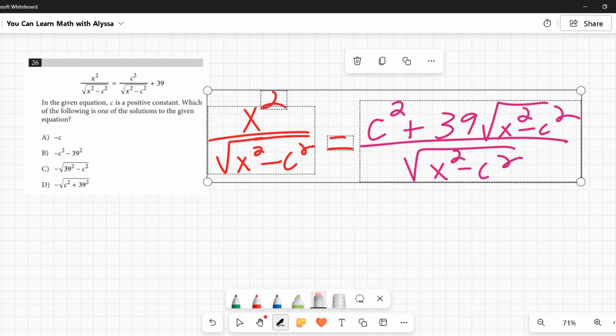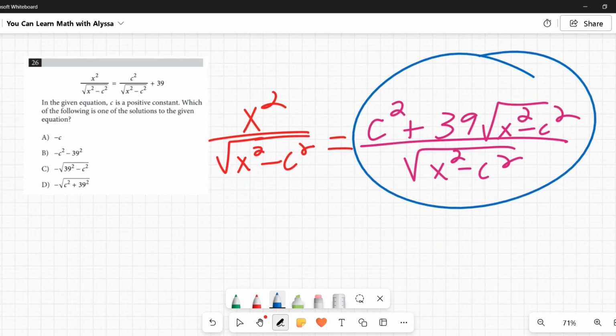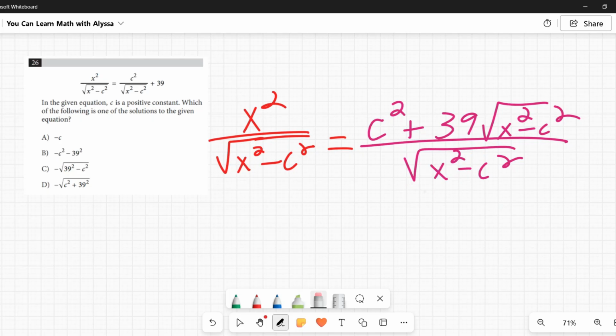I went down combining those two together, turning 39 into a fraction so I could combine, and then I can multiply by both of these and get rid of that. And it led me down a sort of blind alley, and I got stuck on the x squared minus c squared being like a difference of squares, and that's not the way to handle this one.